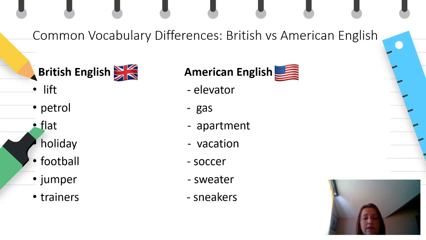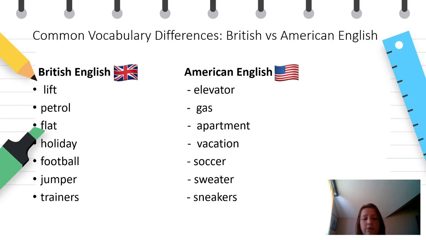The third word is flat. A flat is a place where people live. For example, British people say I live in a flat, and Americans say I live in an apartment.